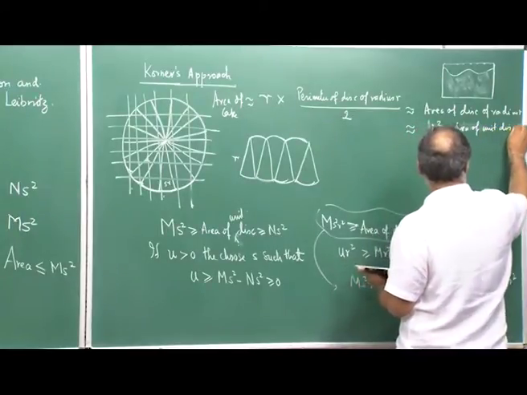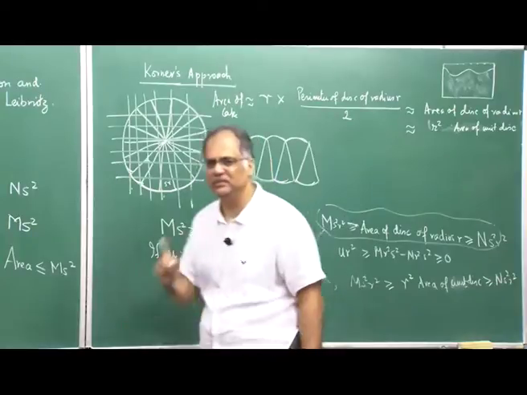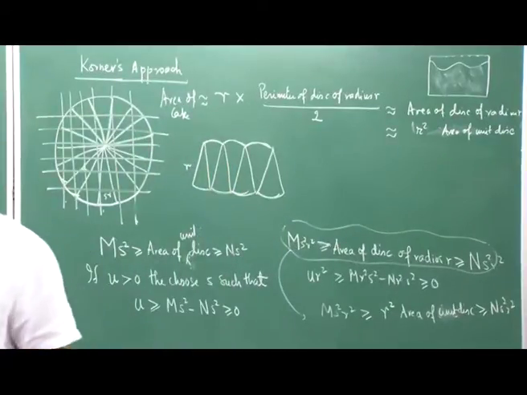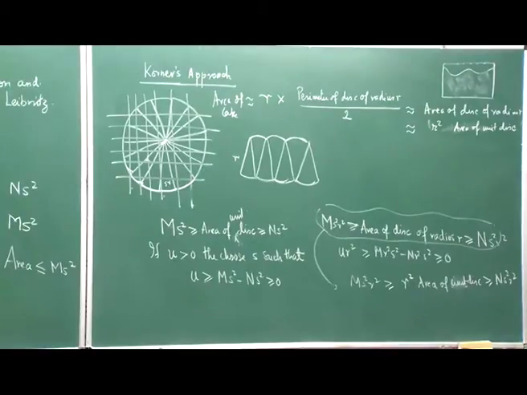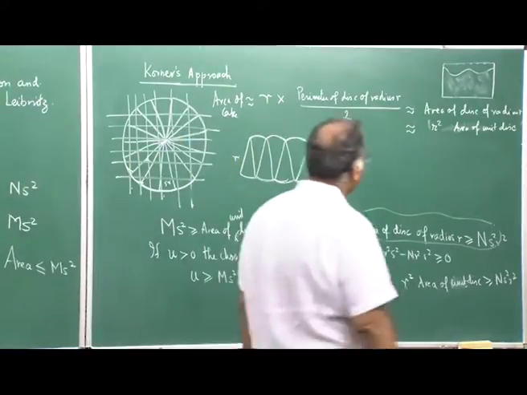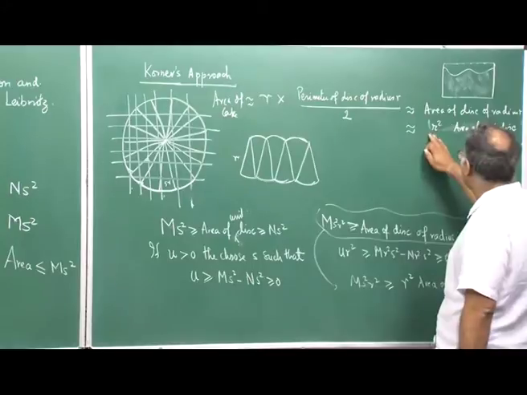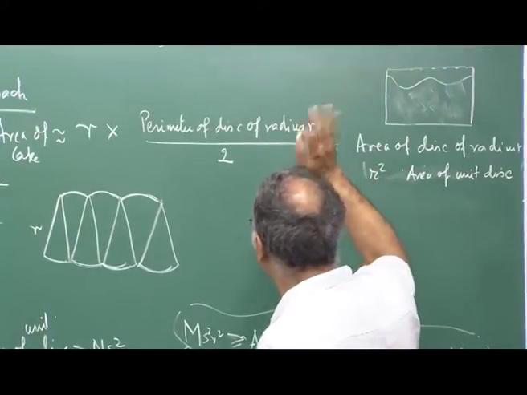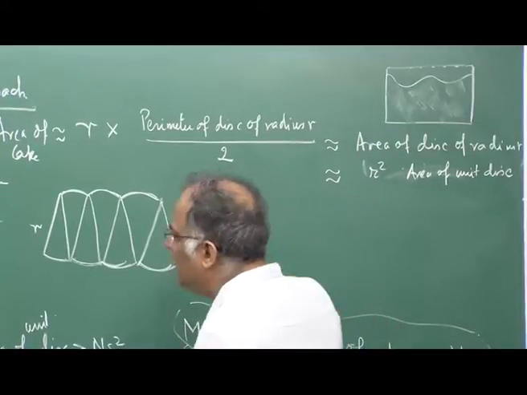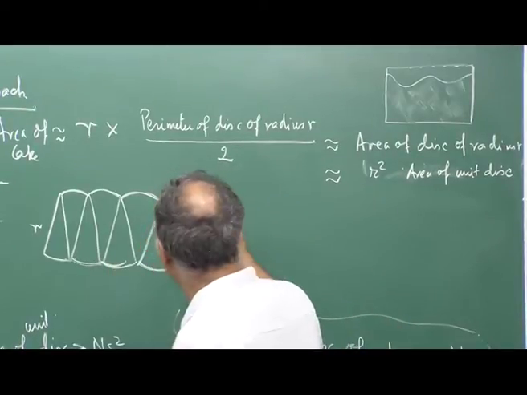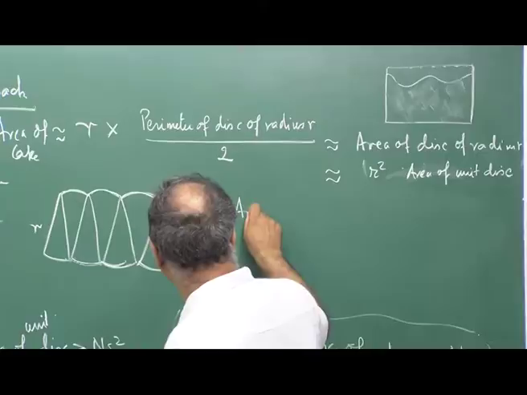Now area of unit disk is a fixed quantity, it is a constant quantity, and let us call that constant quantity as pi. Now, r square into the area of the unit disk is roughly this, right.